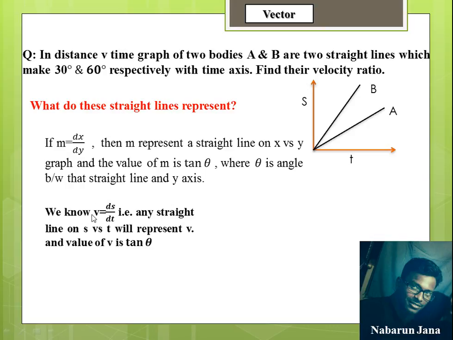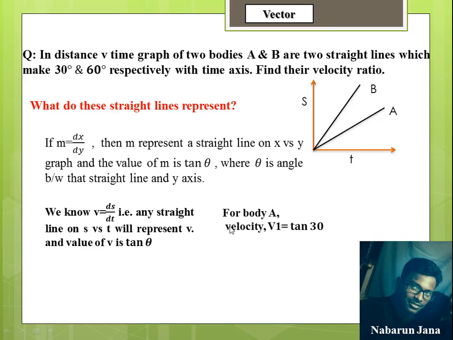And what is the value of v? V means tan of theta, where theta is the angle between that straight line and the time axis, the t axis. Here this one is s and this is t, and you are getting a straight line. That means this straight line is nothing but velocity. And the value of the velocity is the tan of this theta.